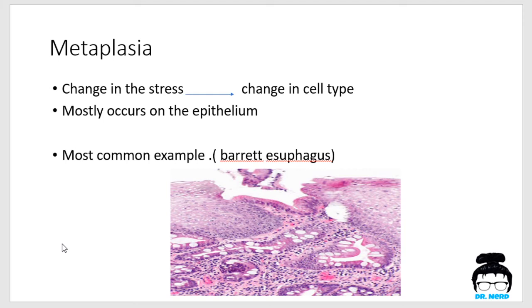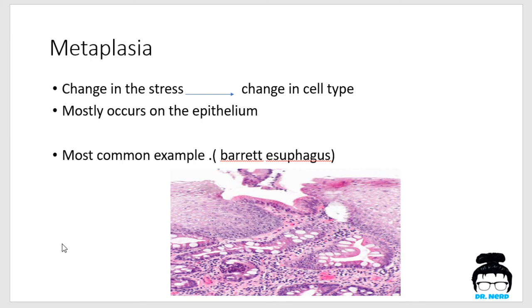As we know, in the esophagus the epithelium is stratified squamous epithelium, and in the stomach we have simple columnar epithelium. The simple columnar epithelium is used to accommodate the acids.